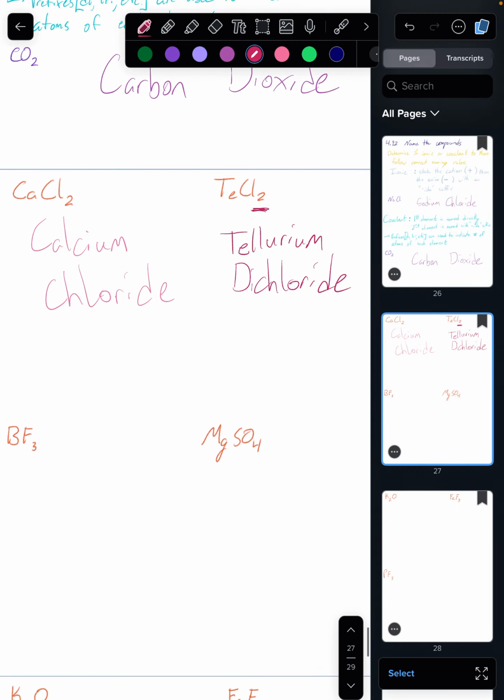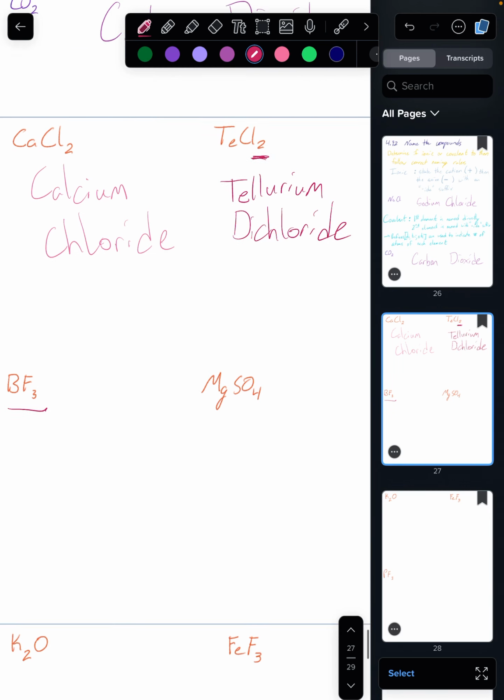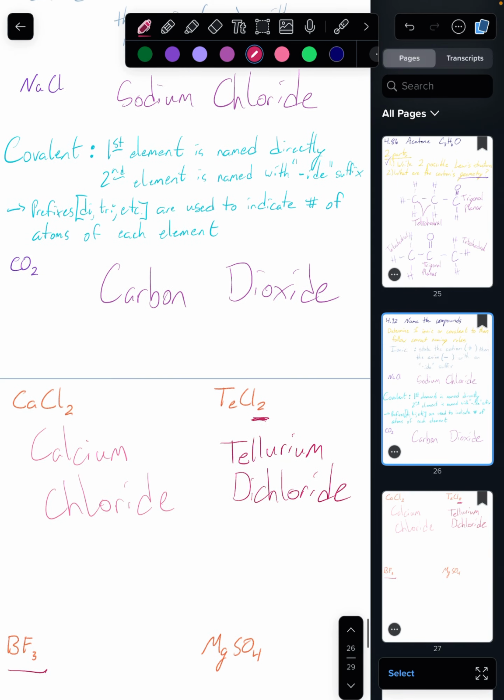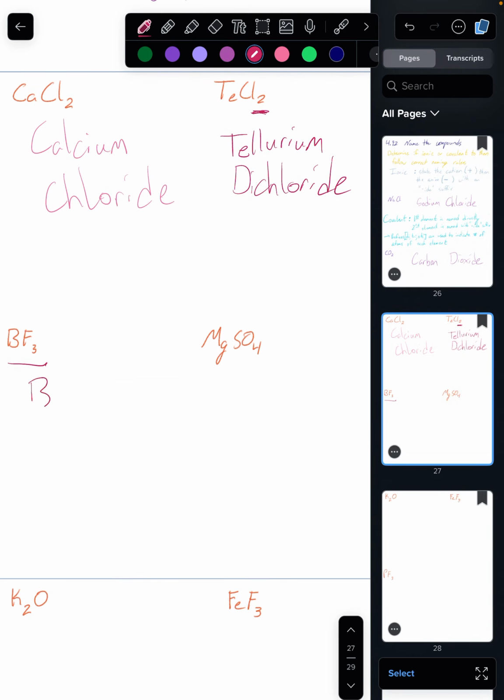Okay? So in the case of this one, we know it's going to end up being this covalent. And so we're going to do boron, the first, with that one. And then we have our fluoride. And since we have our 3, trifluoride. Okay?